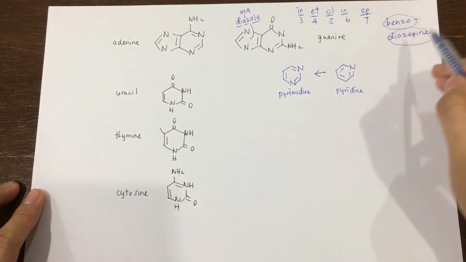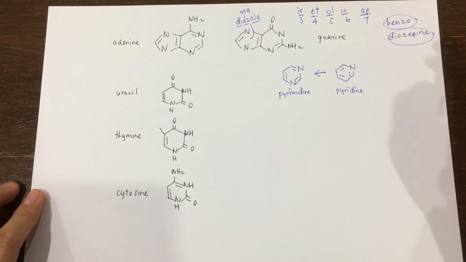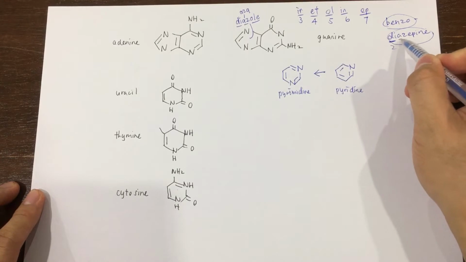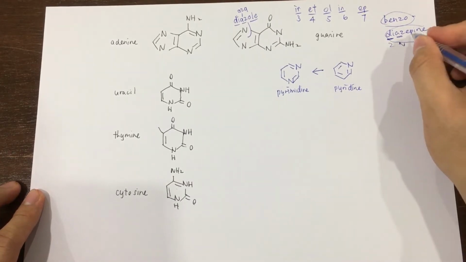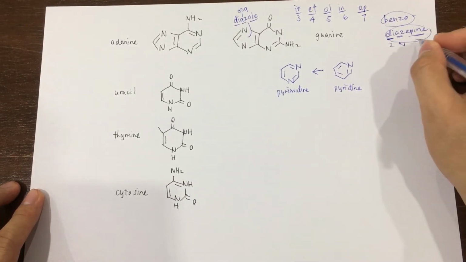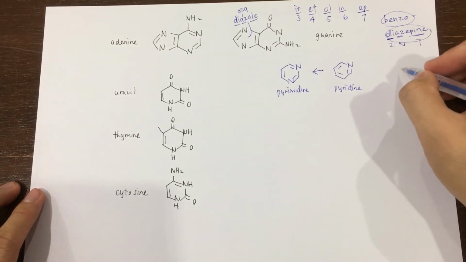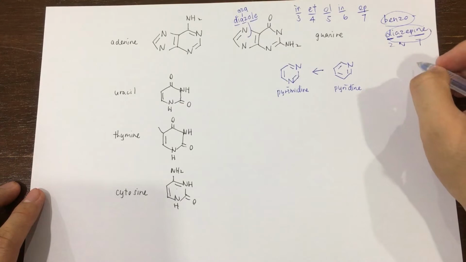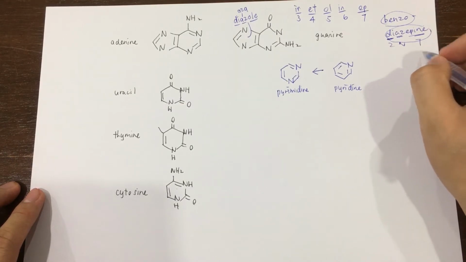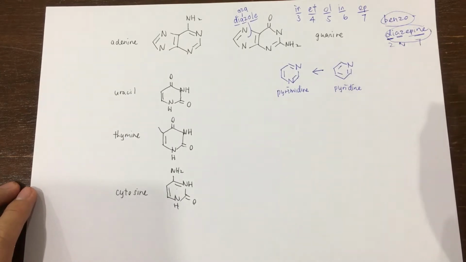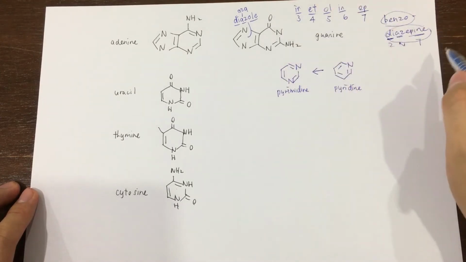And what does diazepine mean? Di means two, aza means nitrogen, epine means a 7-membered heterocyclic ring. So it's a benzene ring fused with a 7-membered heterocyclic ring, which consists of two nitrogen atoms. That's it. This is the key right here.